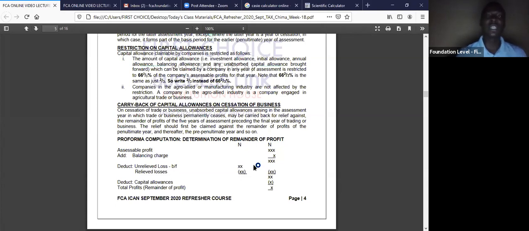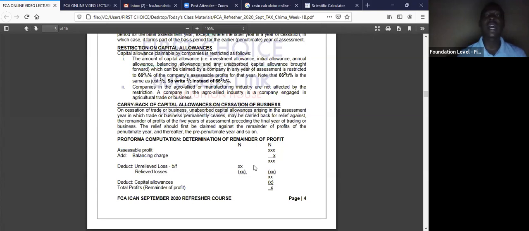Remember, I said before, accessible profit minus your capital allowance will give you the taxable profit that will be subjected to tax. And so if you have to remove all your accessible profit as capital allowance, the government will not have money for tax. And so they say, take 2/3 of your accessible profit as the maximum they can allow.